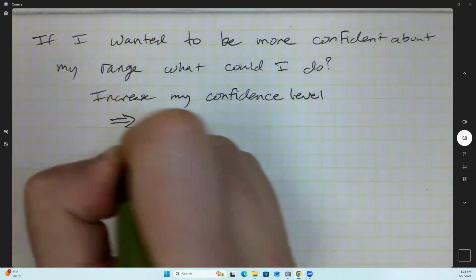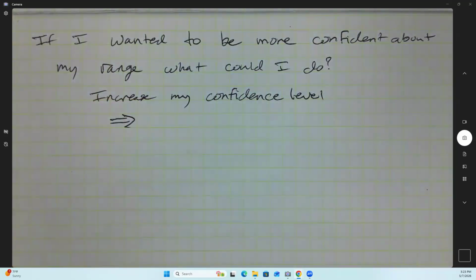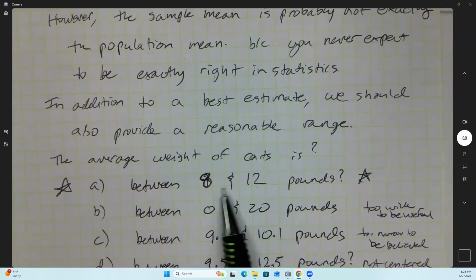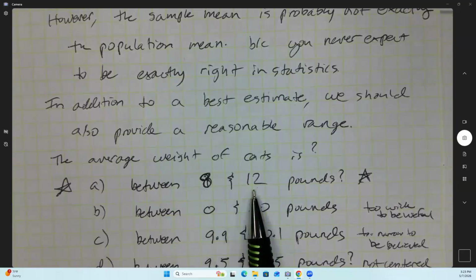What would that do to the size of the range? Let's go back to the cat example. Are we pretty sure 8 pounds to 12 pounds contains the actual average weight? Are we more sure or less sure that 80 to 20 contains it? We're more sure because there's no chance it doesn't.